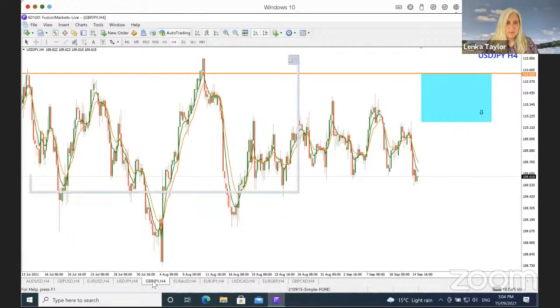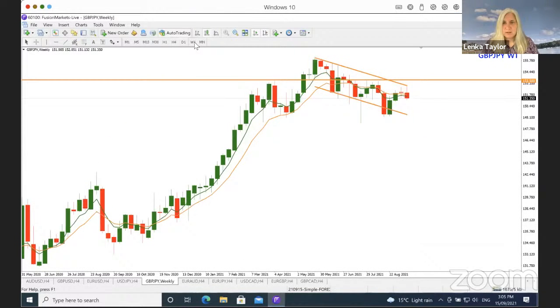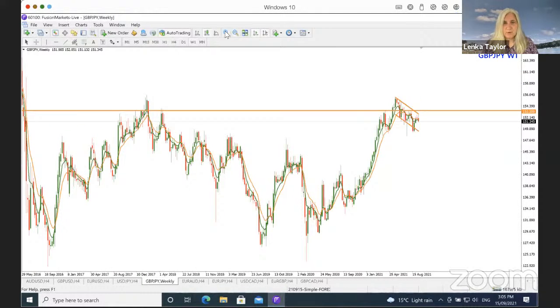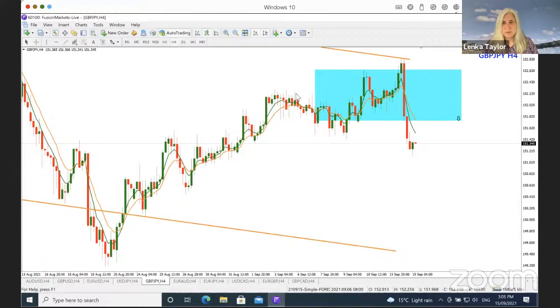Next currency pair I'm looking at is GBPJPY. On GBPJPY, I'm looking for a short. I wasn't up for those massive bars, so I didn't get in. On the weekly, I'm looking at that as the trend going down now of the horizontal. On the daily, we had that massive price action yesterday, which is looking good in support of the price going down.